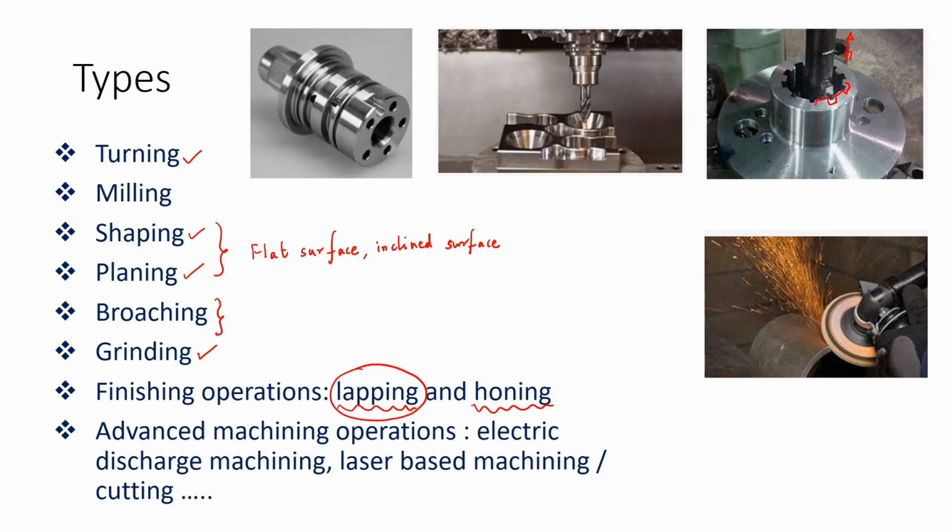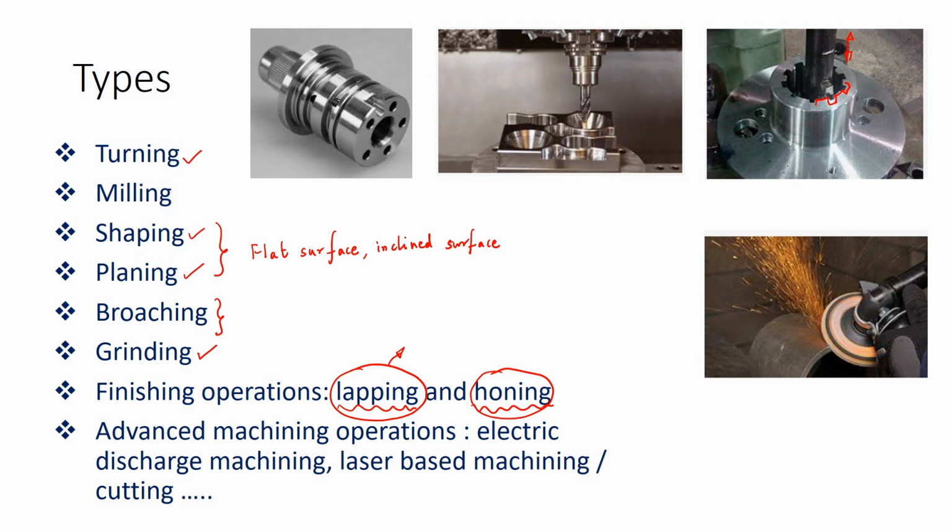When we are using loose abrasive particles for a finishing operation, that is called the lapping operation, and when we are using the abrasive particles in the form of sticks, that we call the honing operation. Lapping and honing are finishing operations. In lapping and honing, the tools are in the form of fine particles or fine powder.